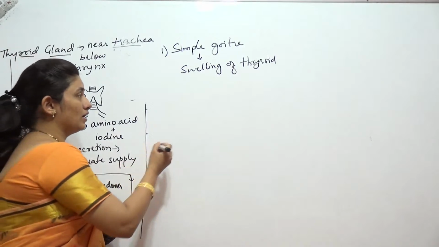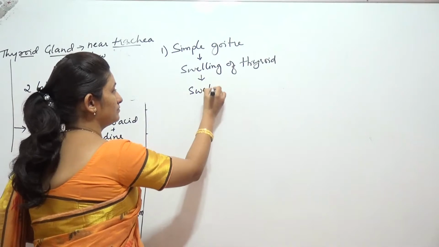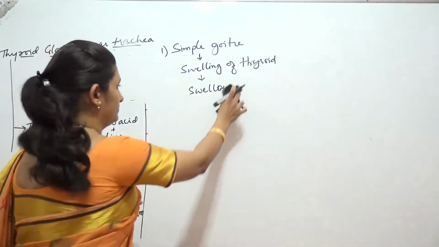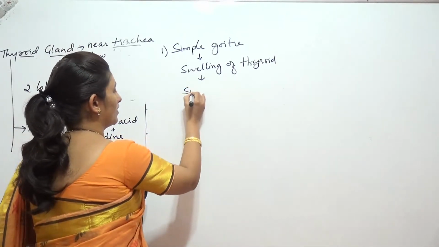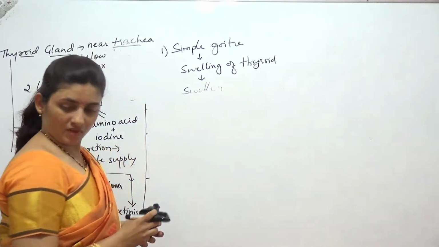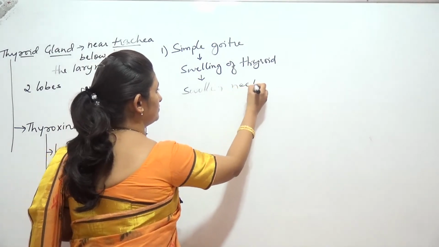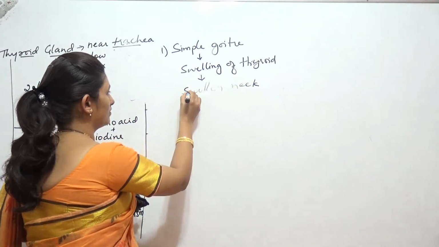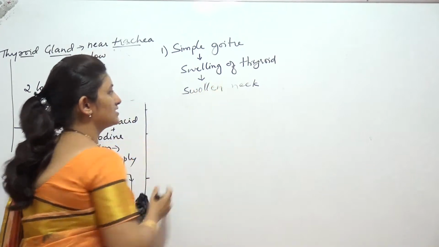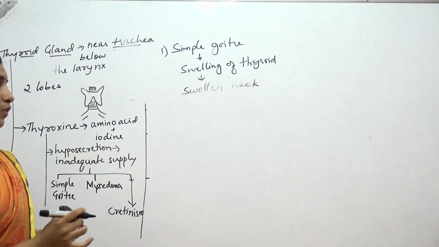And this swelling of the neck, the swollen neck, is the symptom by which we can say that the person is suffering from simple goiter.